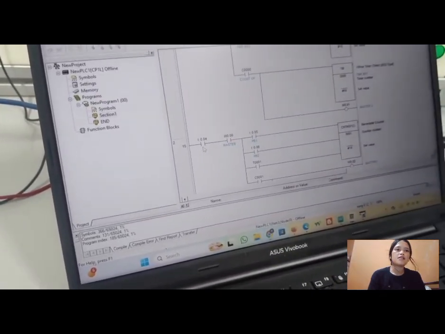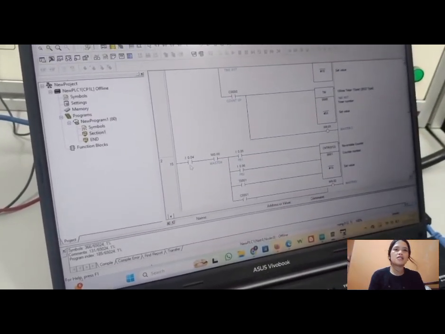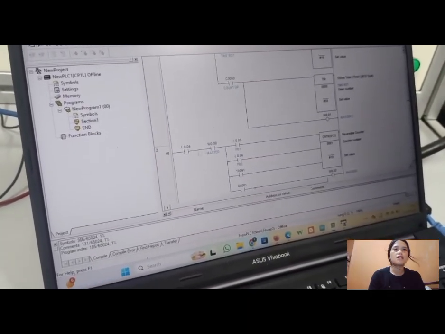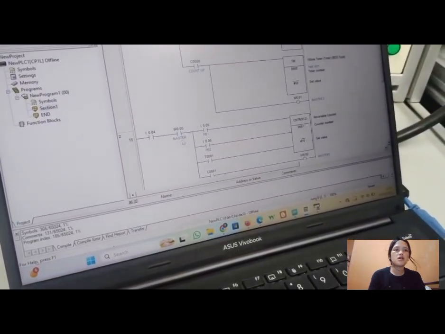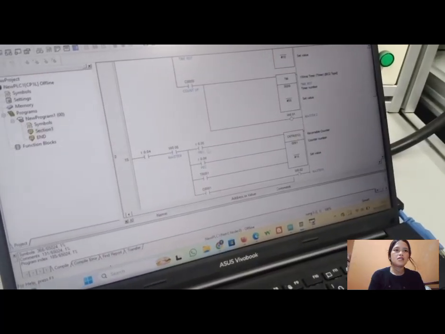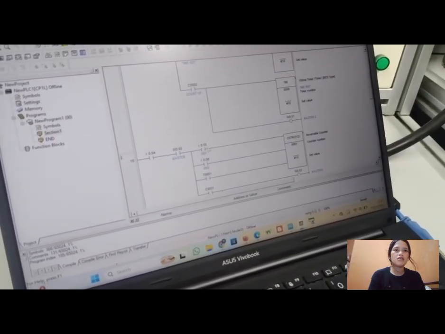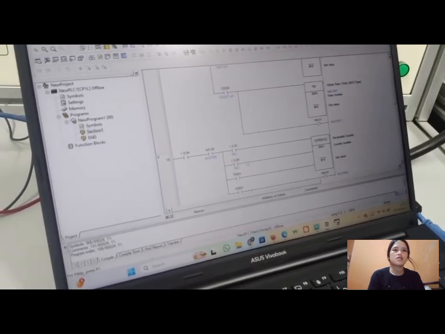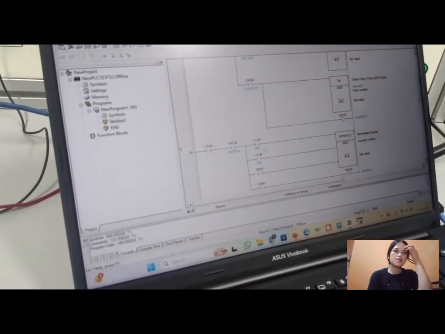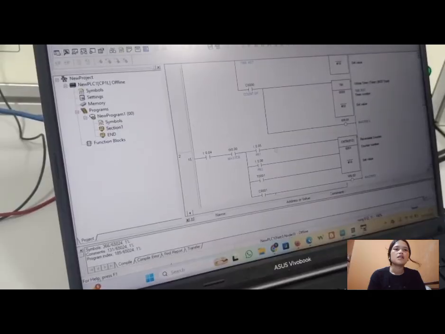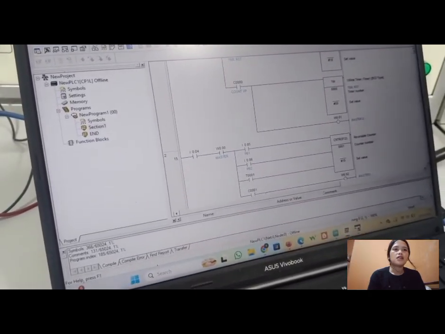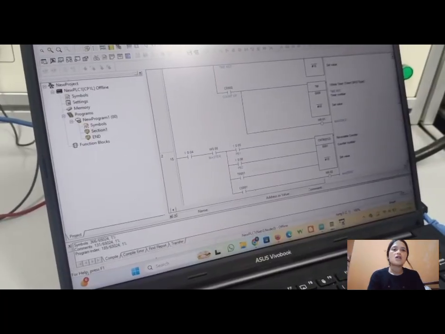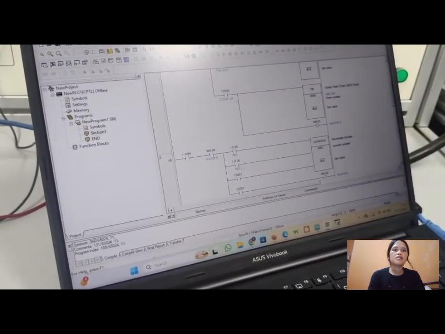The PLC receives electrical signals from the inputs, processes them through the counter logic, and updates the internal counter value in real time. When the preset count is reached, the output bit turns on, energizing the output device connected to the PLC.